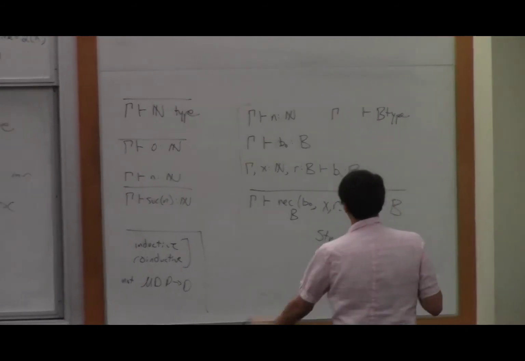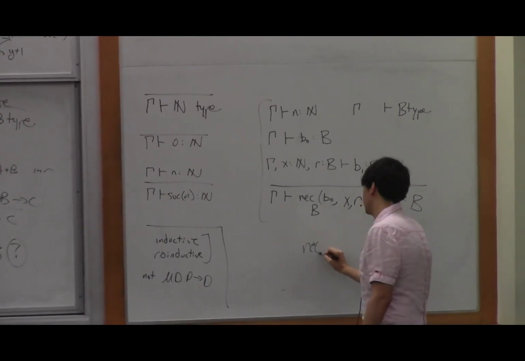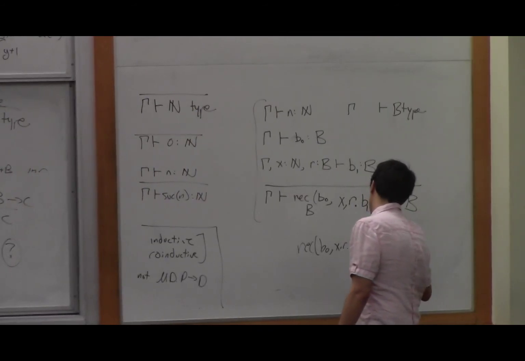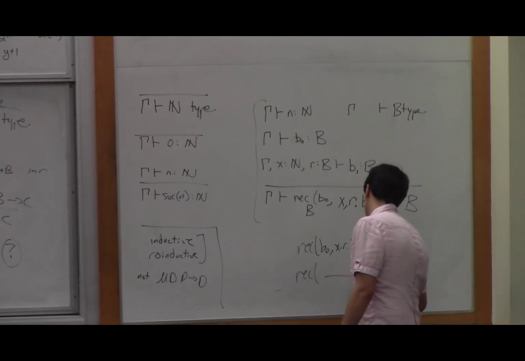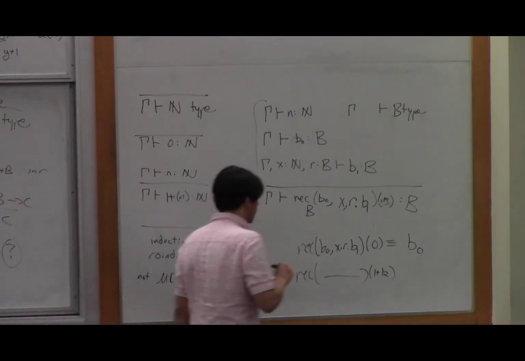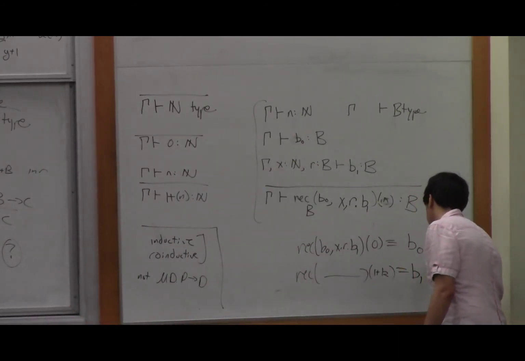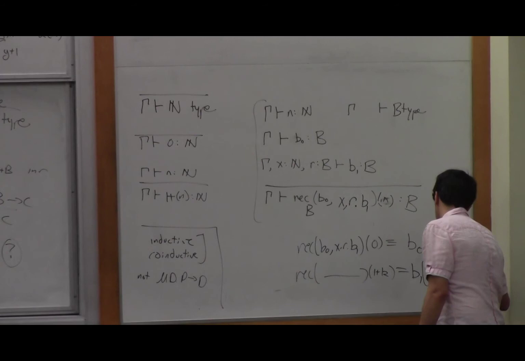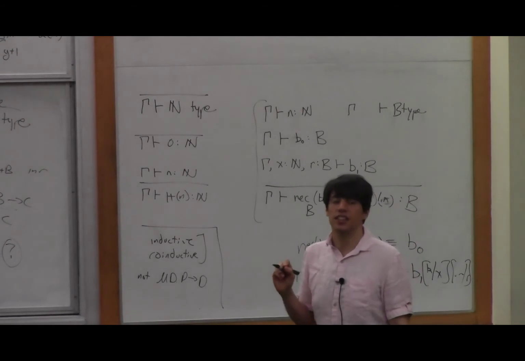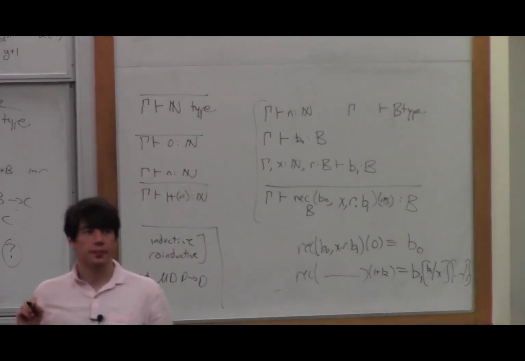And I didn't say it, but we'll have that rec of b0, x dot r dot b1 on 0 is judgmentally equal to b0, and rec of stuff on 1 plus k, I guess I'm being inconsistent about whether I'm writing this as 1 plus or successor, is equal to b1 with k plugged in for x and with the recursive call plugged in for r, right? So just the step rule that we had in Gödel's T way back on Monday. Yeah.